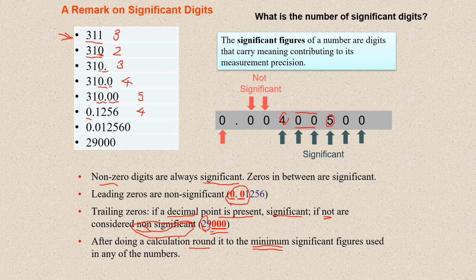And then 0.012560, again the leading zeros are considered non-significant, however the trailing 0 is going to be significant because there is a decimal point. So in this case the number would have 5 significant digits. And 29,000 of course would have 3 trailing zeros, which are considered non-significant, so 29,000 would have only 2 significant digits.